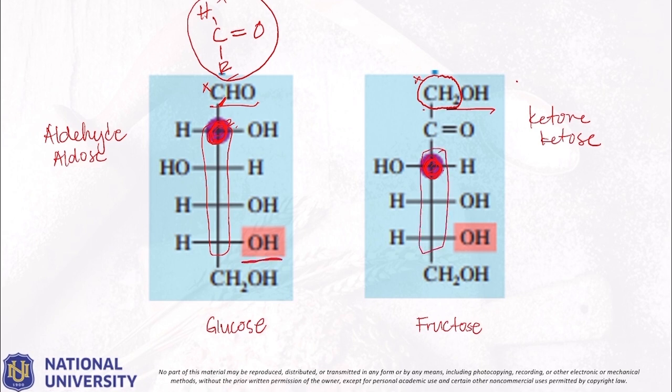And, andito yung OH nung last chiral center, yung farthest to the aldehyde. So, this is the glucose. And this is the fructose. So, nagets po ba yung open chain?